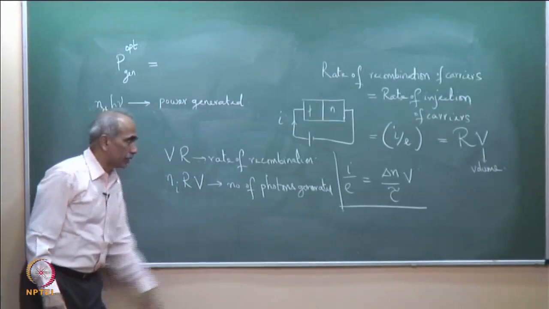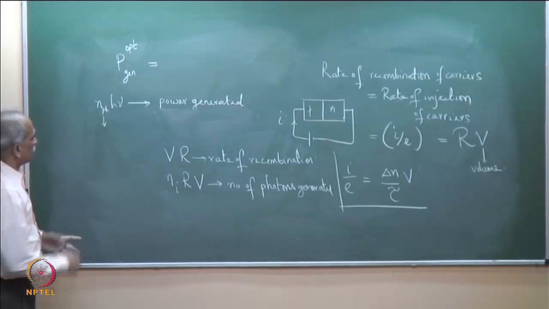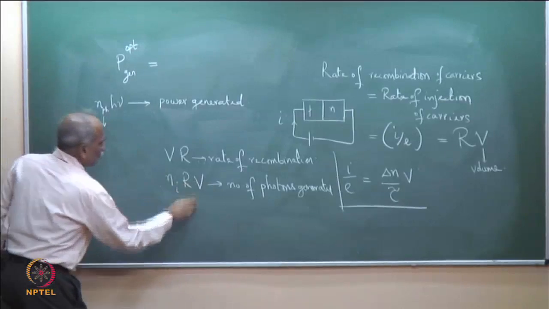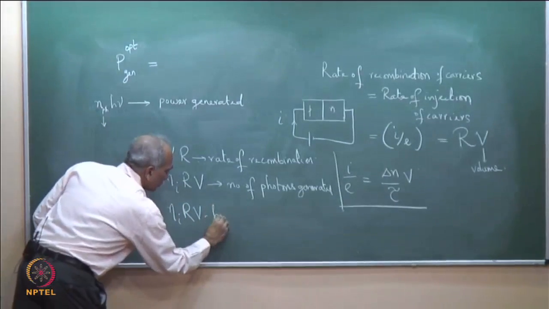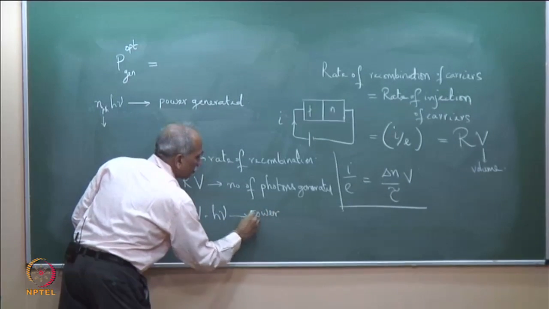So, eta I into R into V is the number of photons generated, multiplied by h nu will give me power. Eta I RV into h nu is the optical power generated.